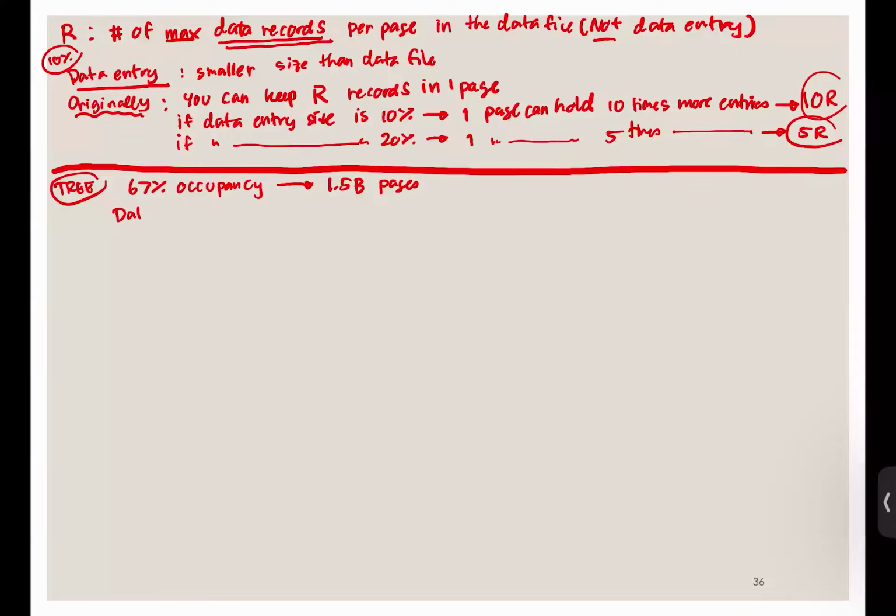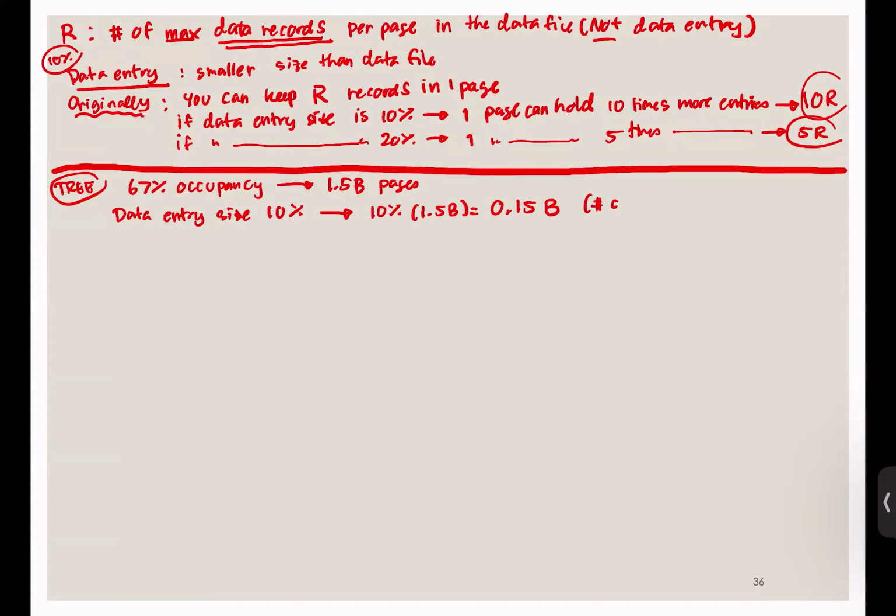Now, if the data entry size is 10%, that means 10% of 1.5B pages will be 0.15B pages total.